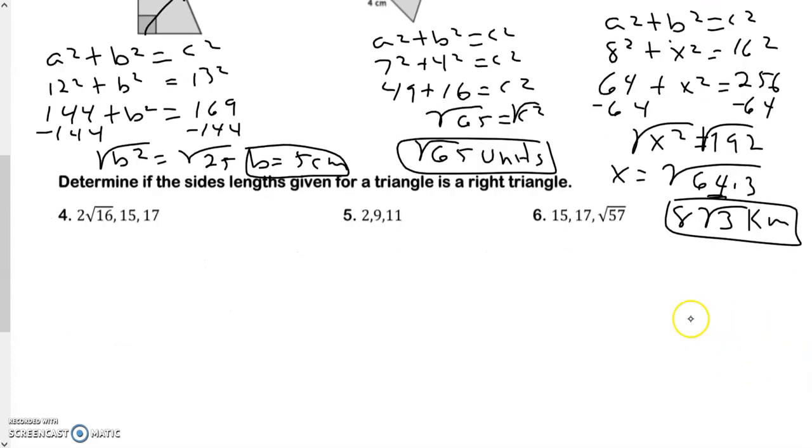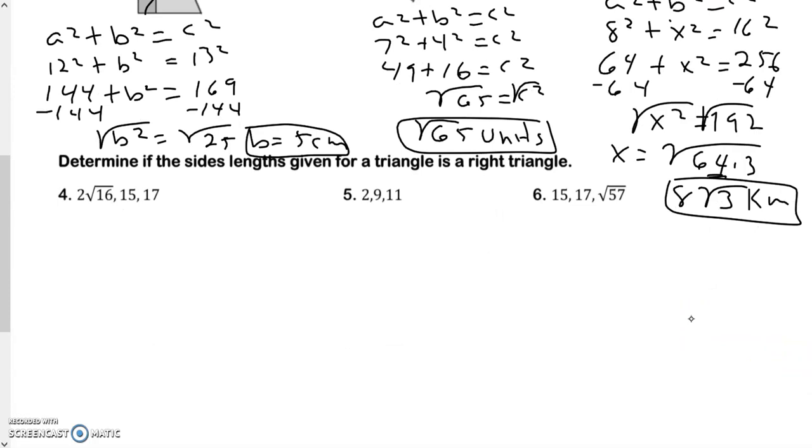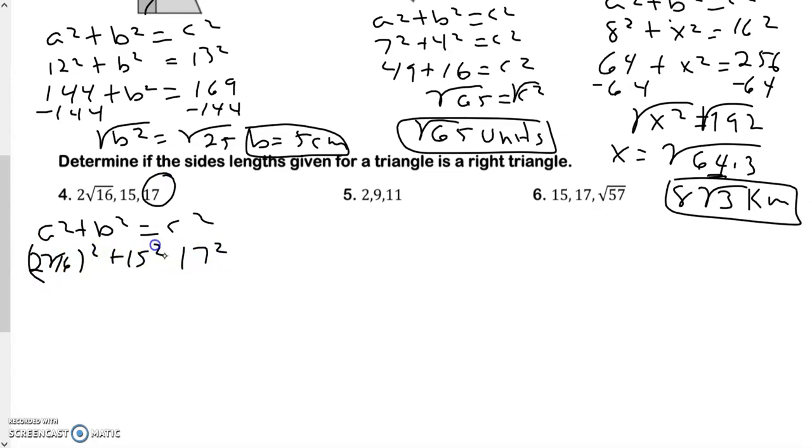Now taking a look at this, determine if the given side lengths make right triangles. So I do a squared plus b squared equals c squared. The key is finding the biggest side, and the biggest side would be 17. And then I'm going to do 2 square root of 16 squared plus 15 squared. Now remember, it's 2 times 2 or 4, and then it's 16.